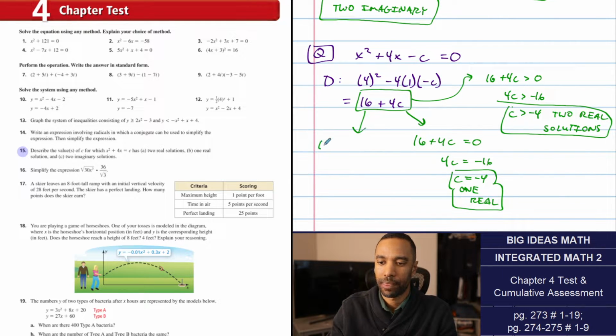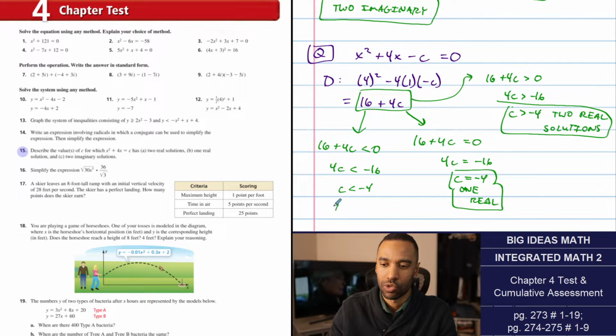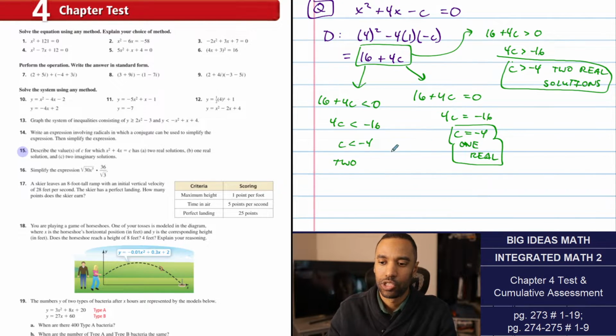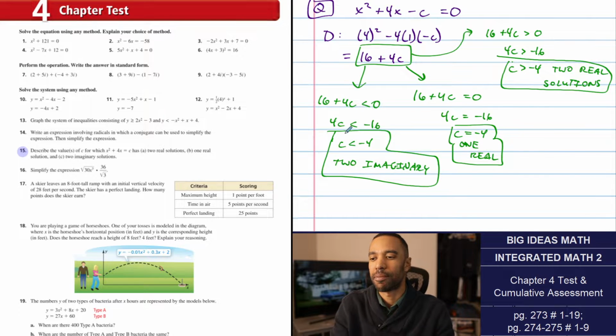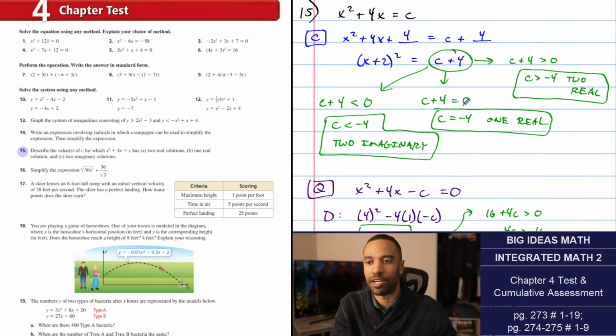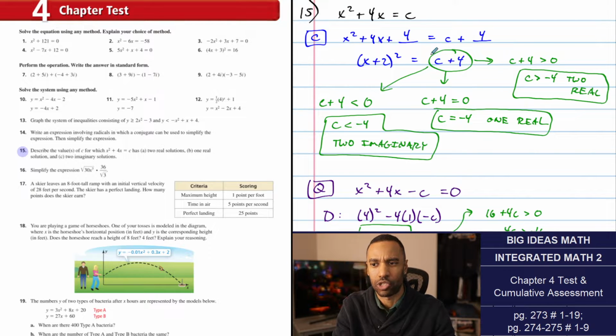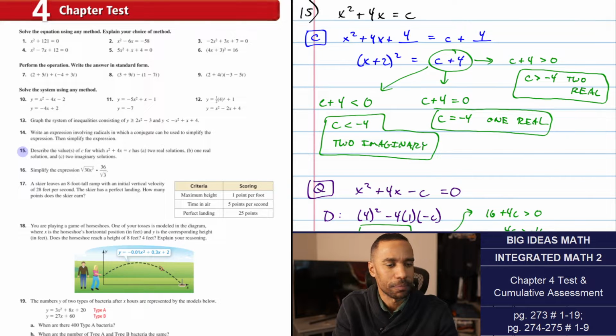And if this is less than 0, you subtract 16 and divide by 4. Two imaginary. All right. Same answers as you got before. I imagine the discriminant is the way they talk about it, but the way it's set up really showed me something I could use by the completing the square bit. So I think that works out either way.